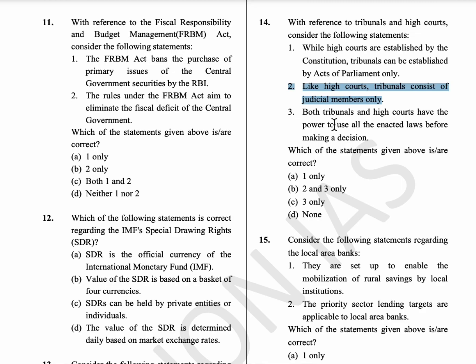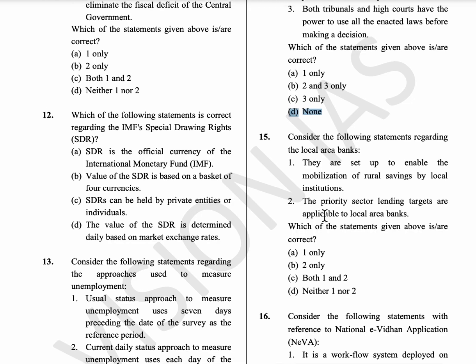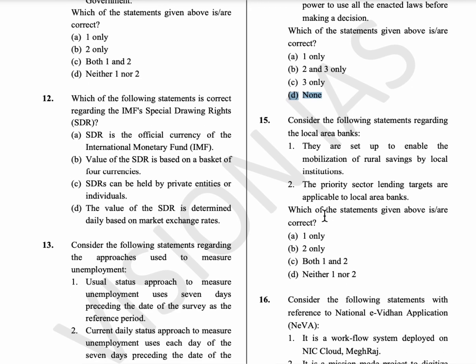Here also high court has the power to use all the enacted laws, but tribunals don't have the power to use all the laws. So third statement is also wrong. So option D, none. 15th question, consider the following statements regarding the local area banks.